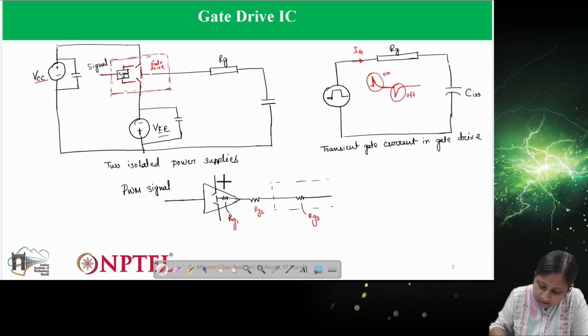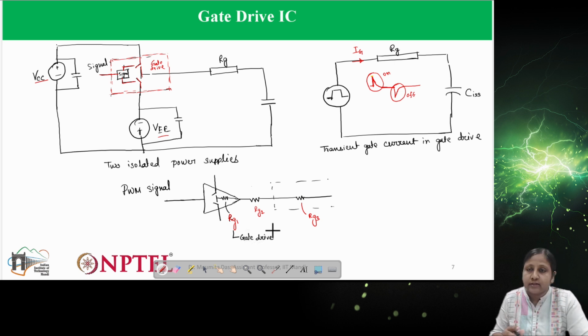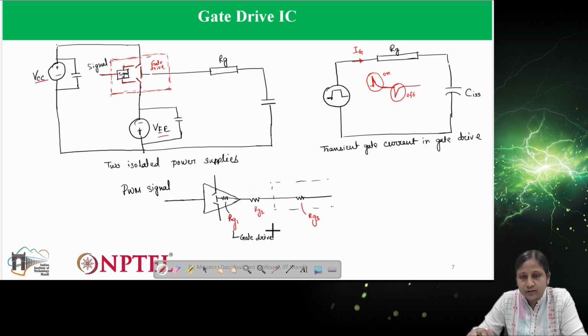First is this particular Rg1, it is coming from the gate drive. This is from the layout inside, like how this gate drive layout is inside any particular chip. So from there one resistance is coming, so that can also be considered within this Rg.